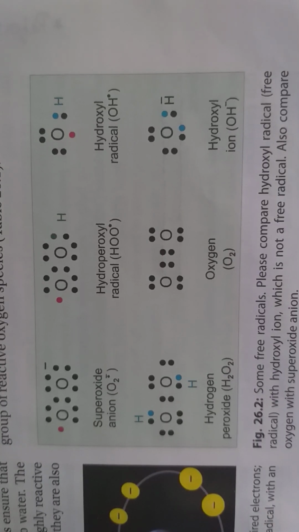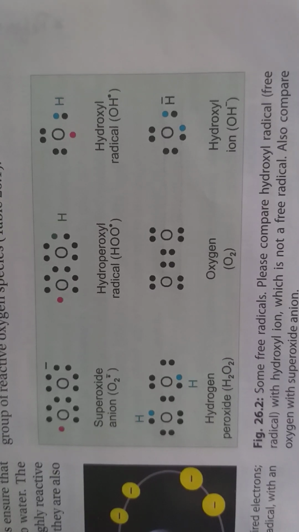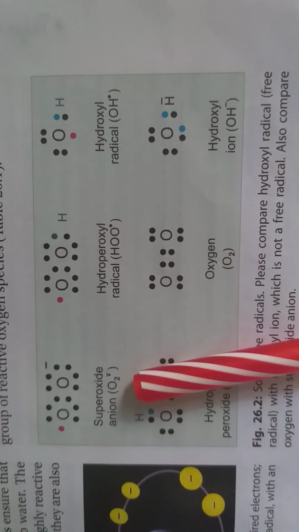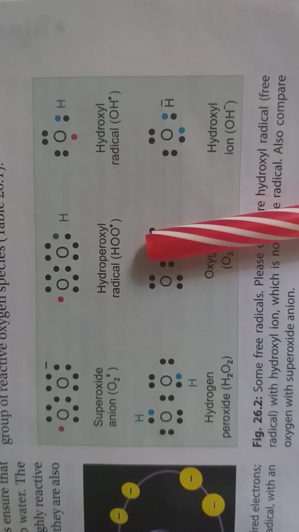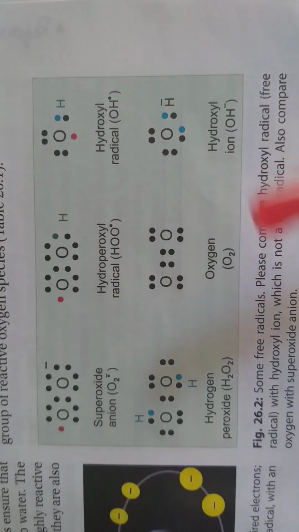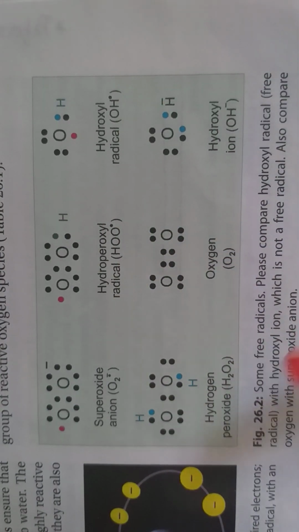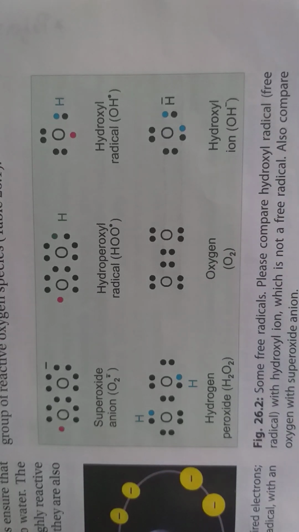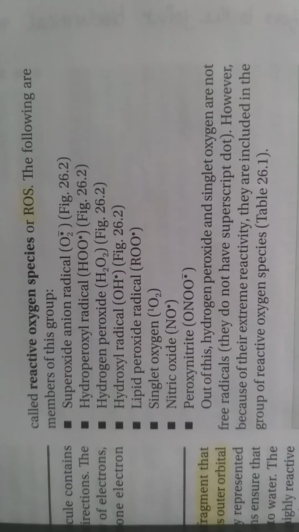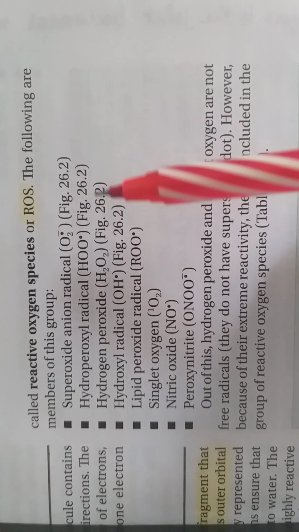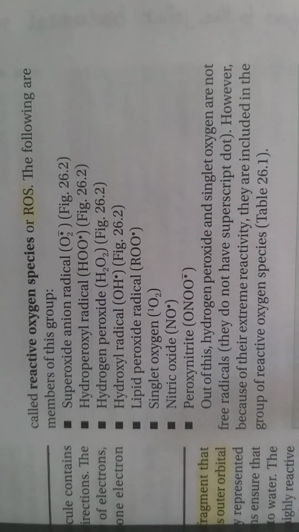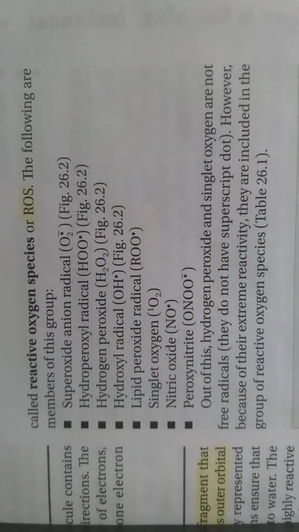Some examples of free radicals are superoxide anion, hydroperoxyl radical, hydroxyl radical, hydrogen peroxide, and others such as singlet oxygen, nitric oxide, peroxynitrate, etc. These are some of the other examples of free radicals.